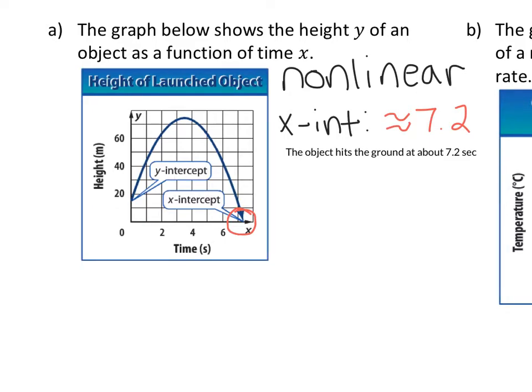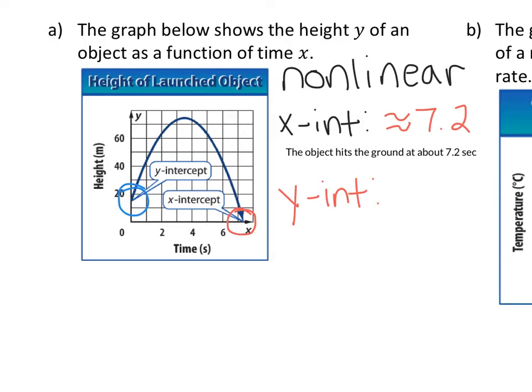The y-intercept is where it crosses the y-axis, and the y-intercept is here. It looks like our boxes are counting by tens, so this is 20, 30, 40, and so on. So it's between 10 and 20, looks about halfway, maybe a little more, so I will approximate it at 16.